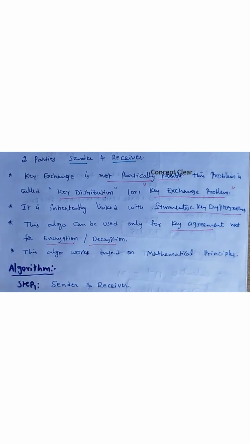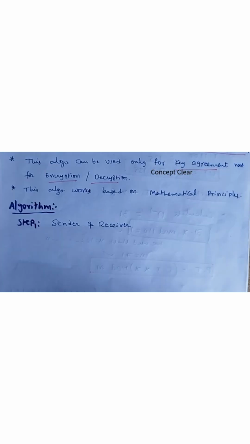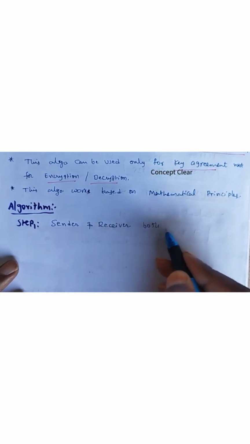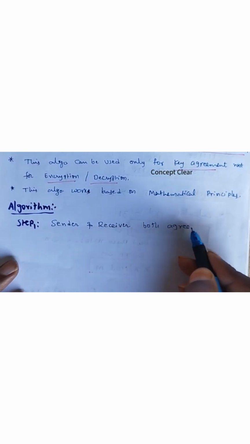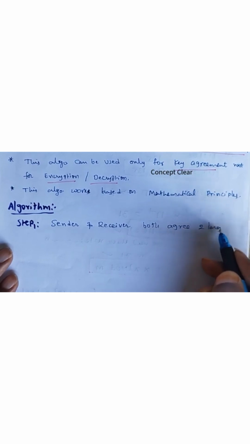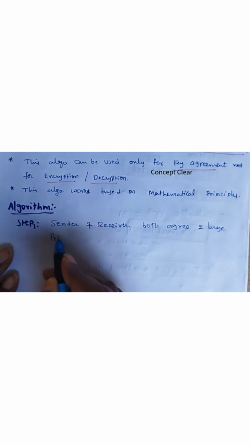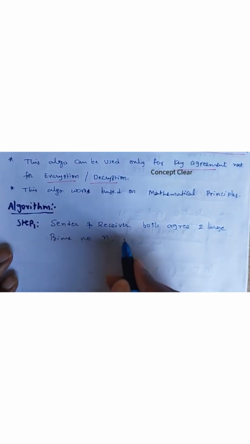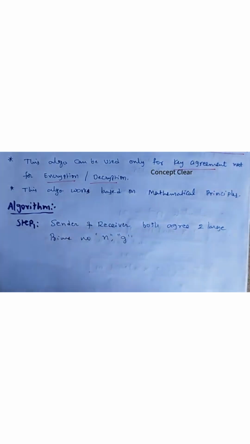Step 1. Here, sender and receiver both agree on and select two large prime numbers, n and g.